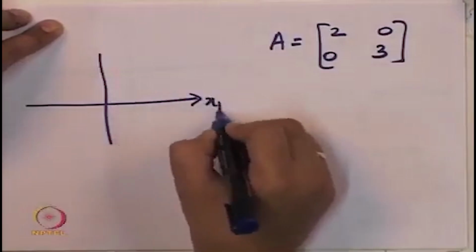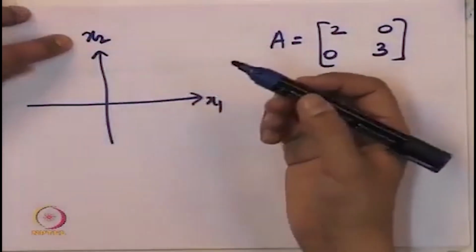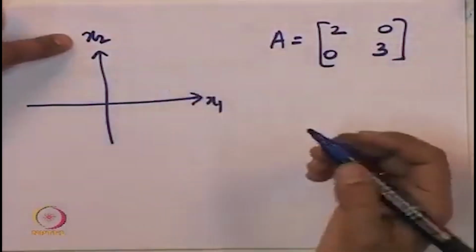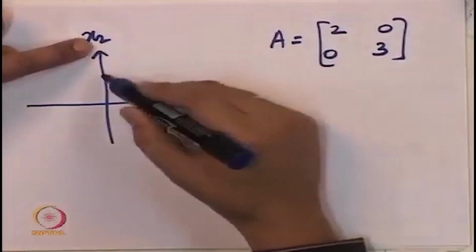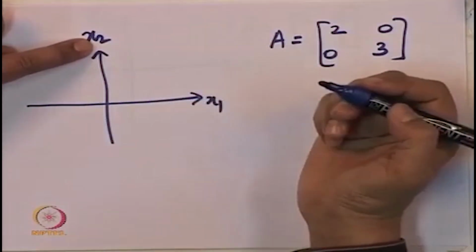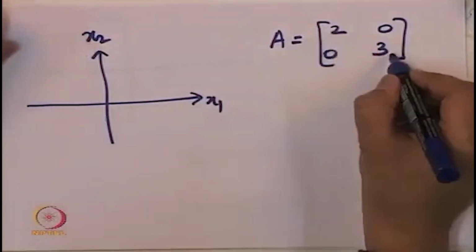So we have the x1 axis, which is an invariant direction, and the x2 axis, which is also an eigenvector, hence that is an invariant direction. It turns out that these two directions being invariant is not particularly related to the eigenvalues being distinct.